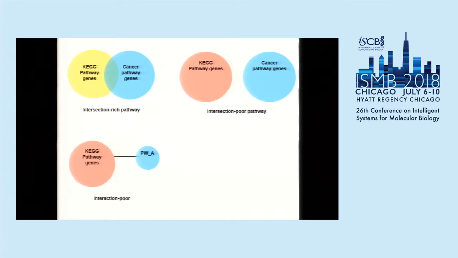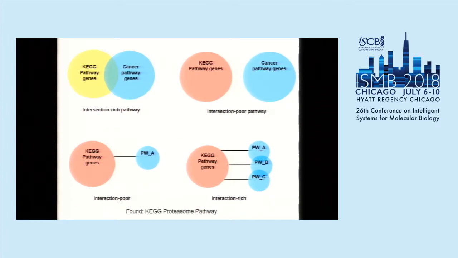And then using this intersection-poor pathway, we wanted to see how many major cancer pathways it interacts with. If it doesn't interact with very many, we consider that an interaction-poor pathway. But if this pathway interacts with lots of major cancer pathways, we consider this an interaction-rich pathway.